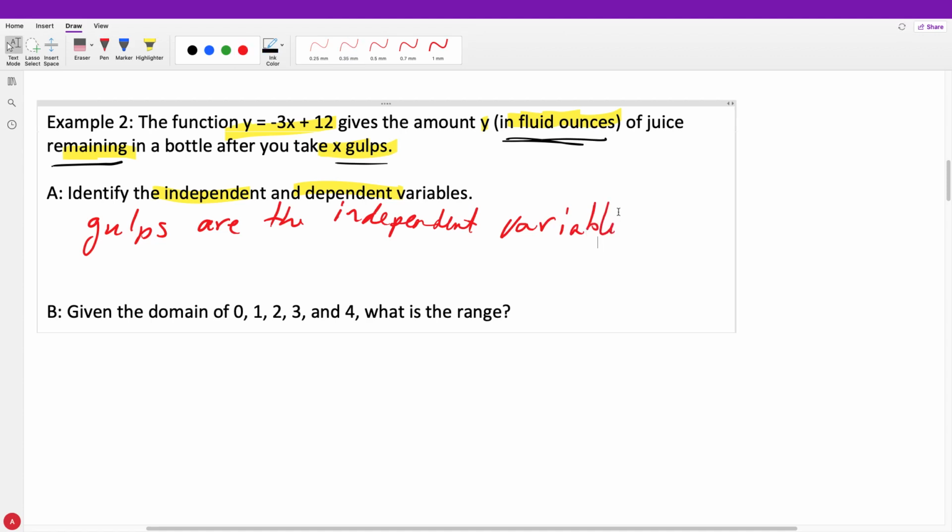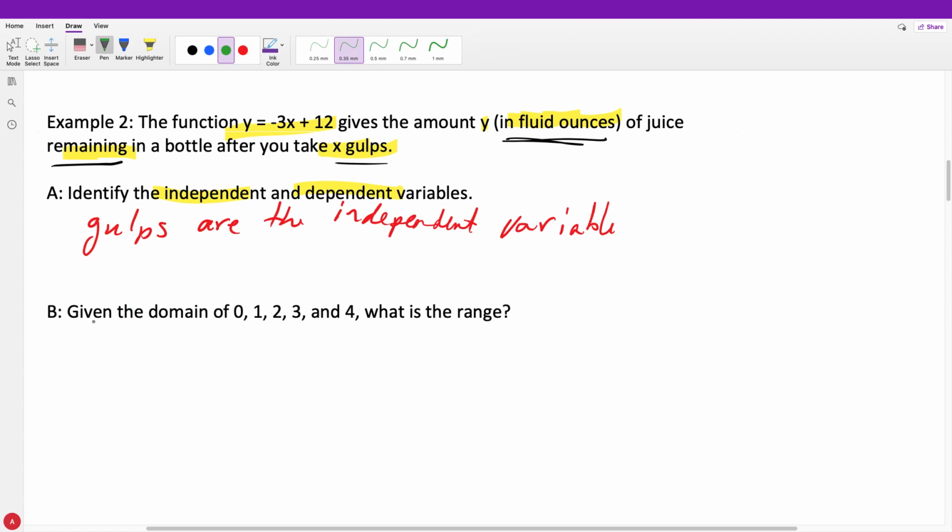If today you decide you're not going to take any gulps, see how that's independent, there's nothing really affecting the gulps. If we decide, okay, I'm taking 2 gulps right now or 3 gulps, that's completely independent, up to whatever you want to do when you're drinking. We can take 1 gulp, 2 gulps, 3 gulps, 4 gulps. We can do whatever we want with those gulps.